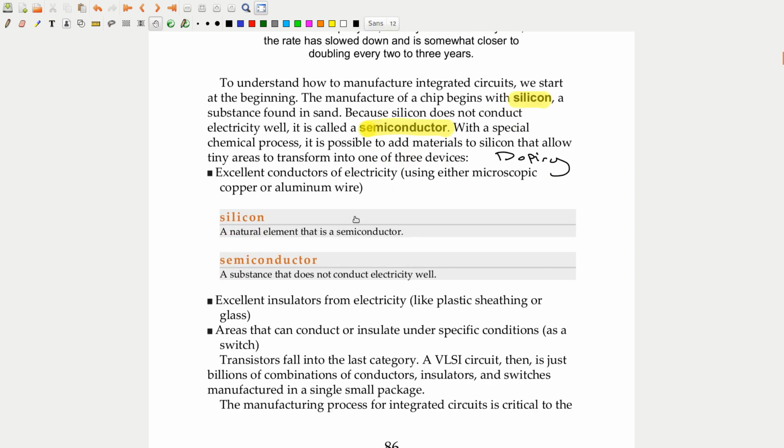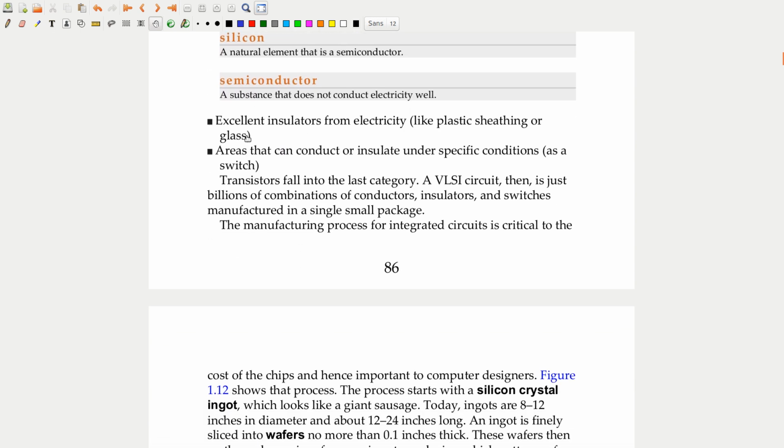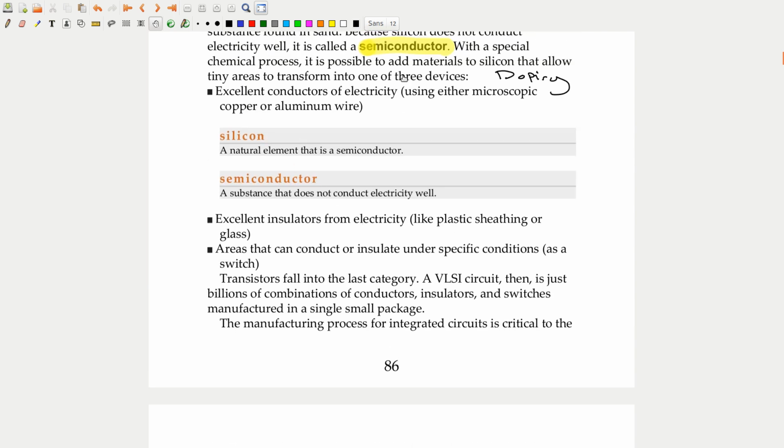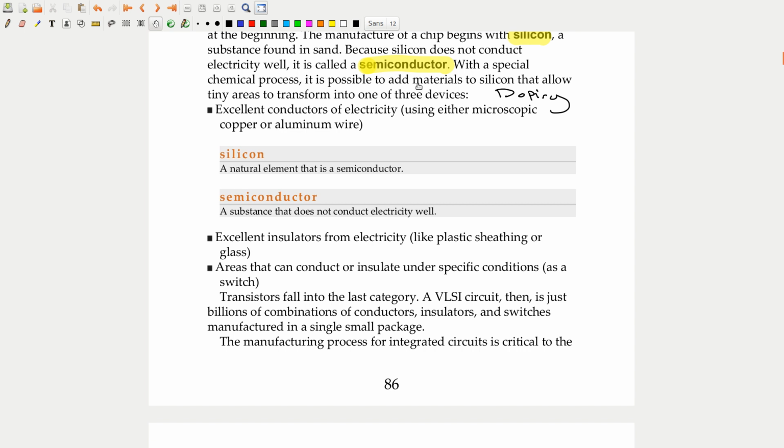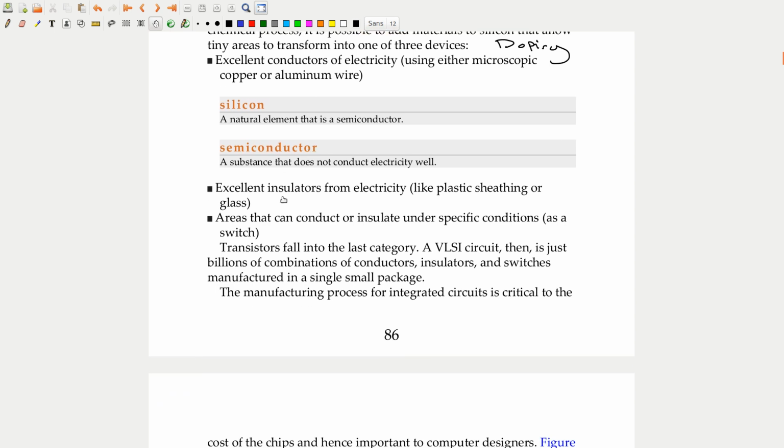Okay. So here's what we can make out of semiconductors. We can make excellent conductors using microscopic copper or aluminum wire. We can have excellent insulators from electricity, like plastic sheathing or glass.